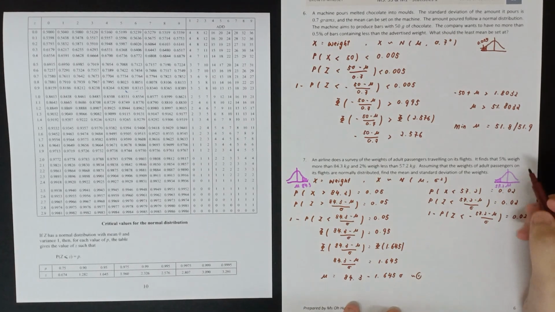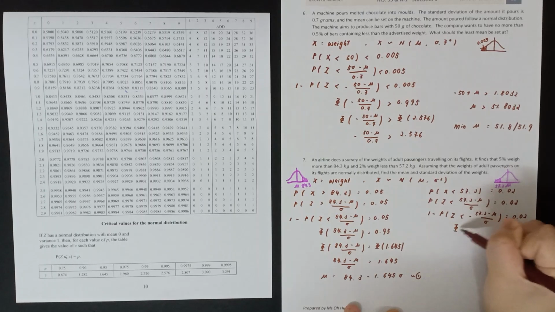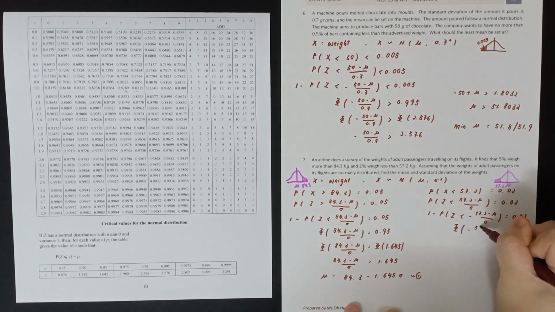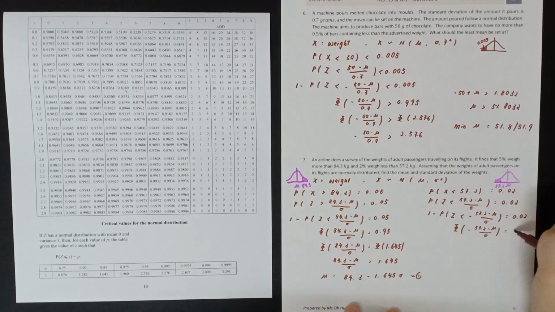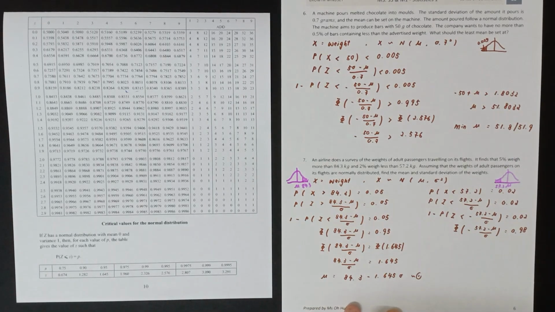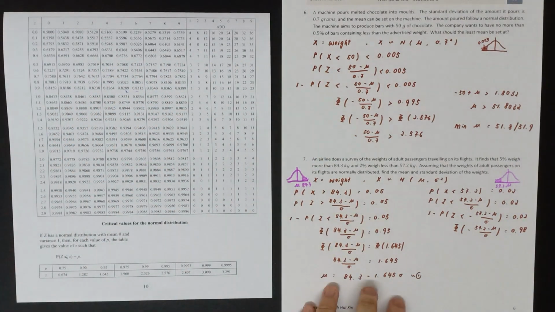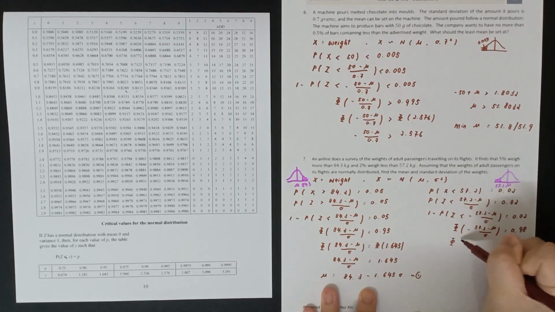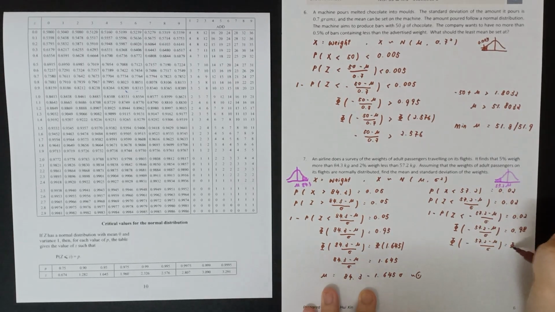Okay, so after that I'm going to change it as well. Okay, so same thing here, I'll change to 0.98. Okay, so I don't think you can get this in the critical table, so you need to get it from your big table there. Okay, so after you continue, then you should be able to get in your table 2.054.